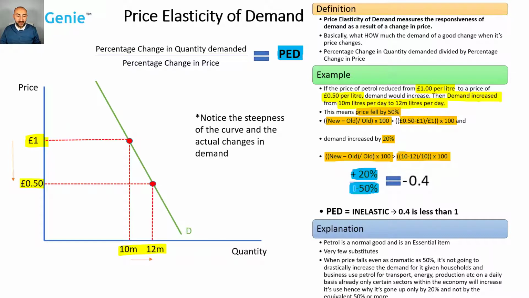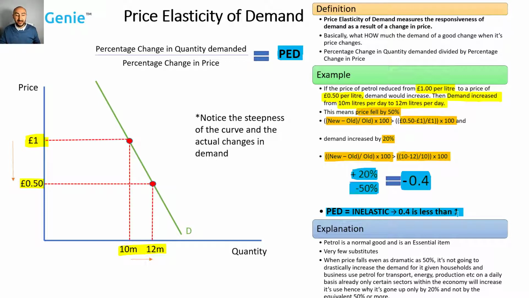Price has fallen by 50%. And if we then calculate what this is going to result in, this is going to lead to a calculation whereby the PED equals minus 0.4.